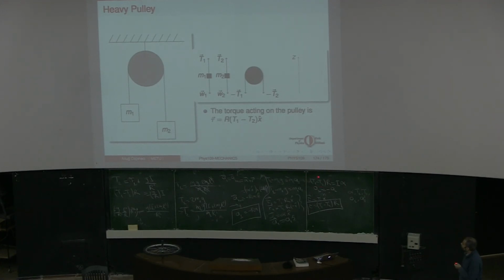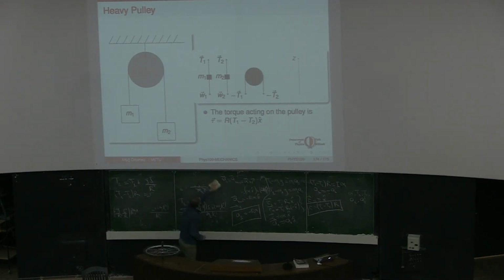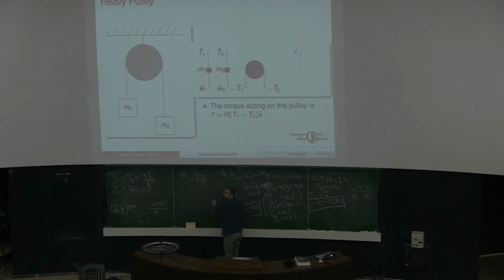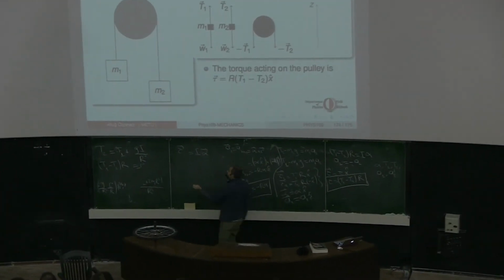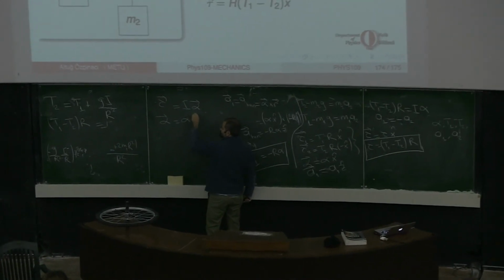That is the definition. The torque is equal to I times alpha. Torque is always equal to I times alpha. And I define my alpha to be alpha in the x-hat direction.